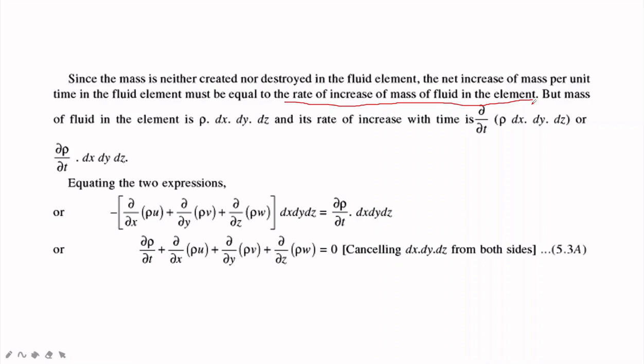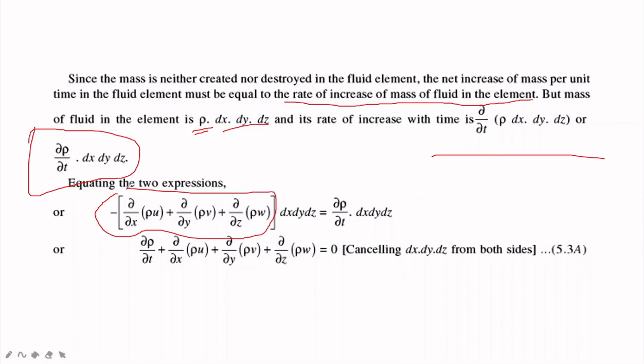But the mass of fluid in the element is governed by ρ dx dy dz, and its rate is ∂ρ/∂t dx dy dz. We equate this with the expression of the net gain of mass.